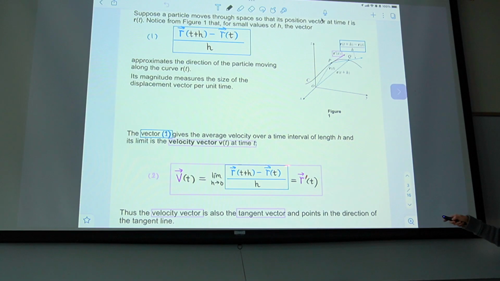So the velocity at time t is actually the derivative of r at time t. These two are the same thing, so I use the same color here so you can make the connection. So the velocity at this time t is the derivative of r at time t. This is the velocity.